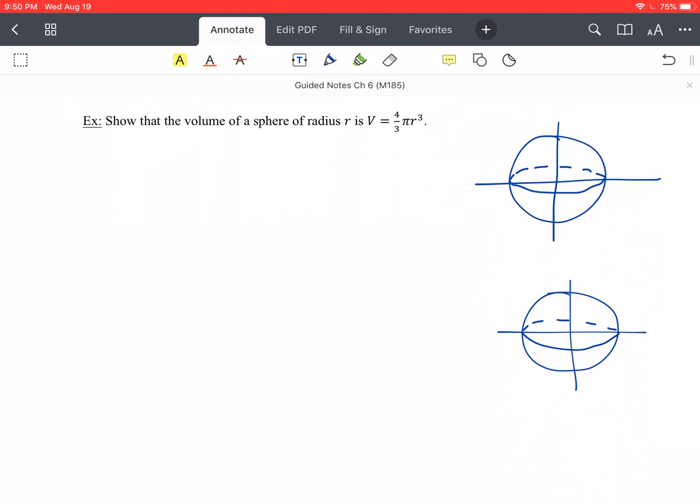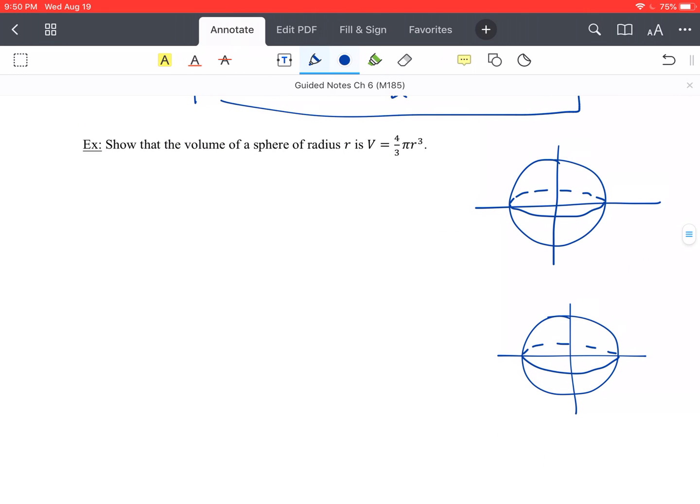So we're going to get a sphere, and we have some free will here to do with it what we like. So as you can see in my diagrams, I'm placing the center at the origin. That's going to make it easier to work with, especially in terms of formulas.